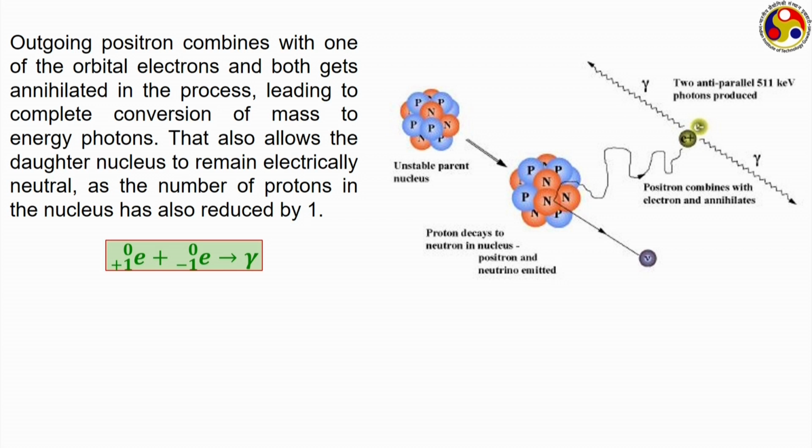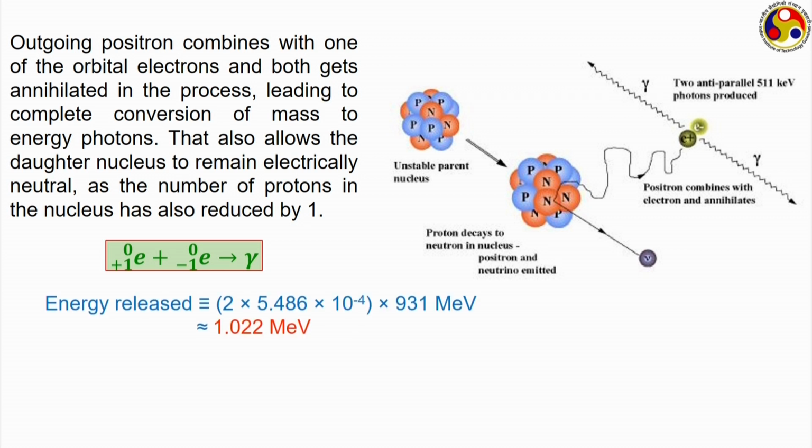And because of that, the daughter nucleus is also able to remain electrically neutral. So, this reaction can be written like this, where we have the positron first, which is coming out of the nucleus because of this beta plus decay, and then we have the electron from the orbits, both getting annihilated and forming 2 photons of gamma radiation. Now, as mass is getting converted to energy, of course, that will be associated with a large amount of energy release, and we know that both electron and positron have the same mass.